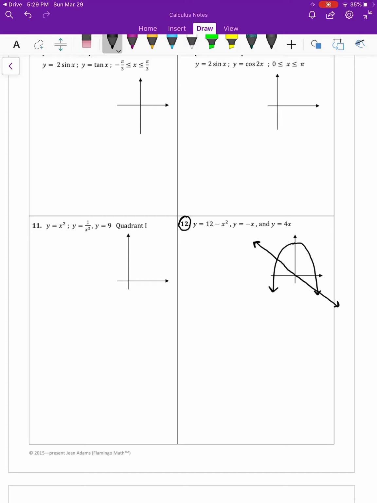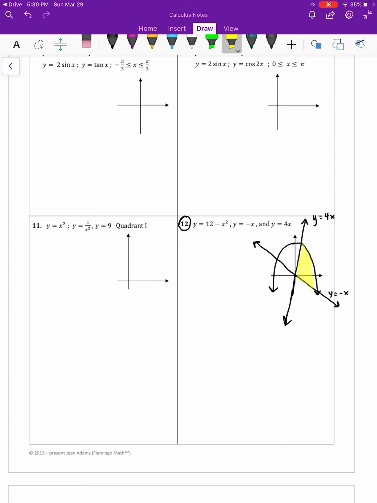So if I sketch my 12 minus x squared, you saw that one first, and then I just sketched my y equals negative x, and now let's sketch my y equals 4x. It does not tell you which region it is talking about.